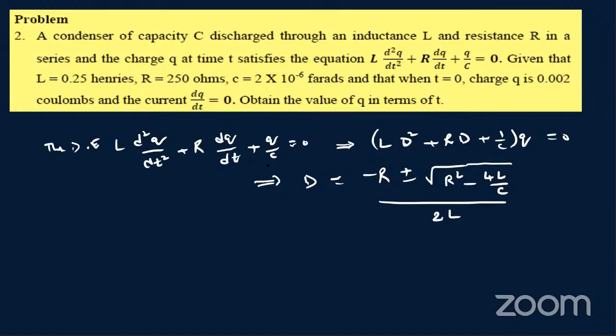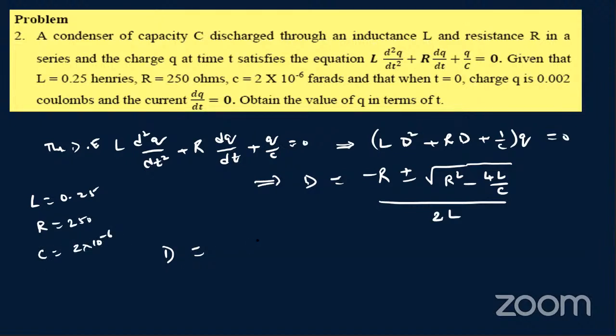Now we will substitute all the given values. Let me write down all the values here. L equal to 0.25 and R equal to 250 ohms. C equal to 2 into 10 to the power of minus 6 farads.